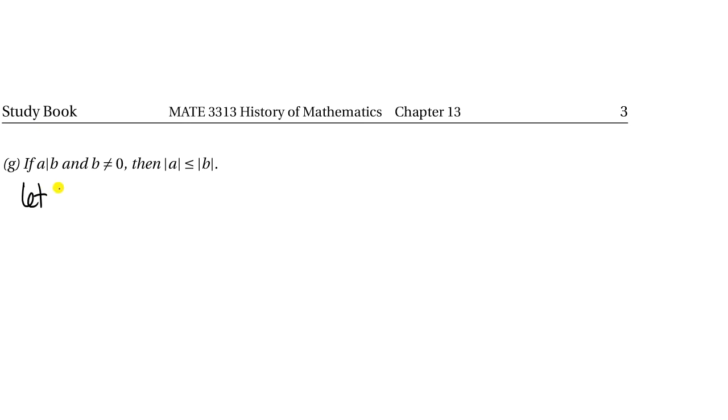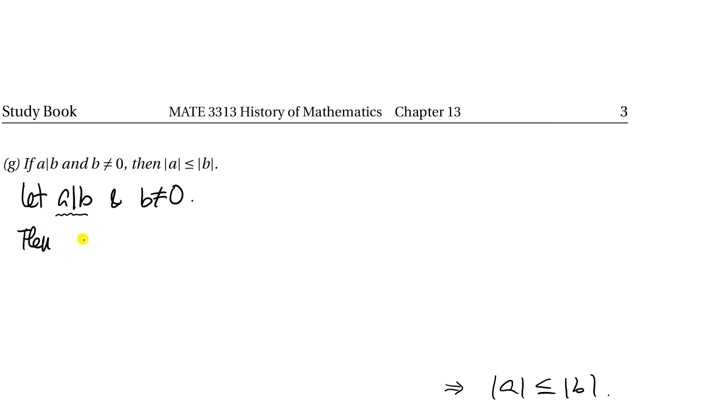So always you have to start with the hypothesis, which is A is a divisor of B and B is not 0. And the conclusion is what? Therefore, the absolute value of A is less than or equal to the absolute value of B. So that's what we are looking for at the end. But from here, let's just use this concept first.